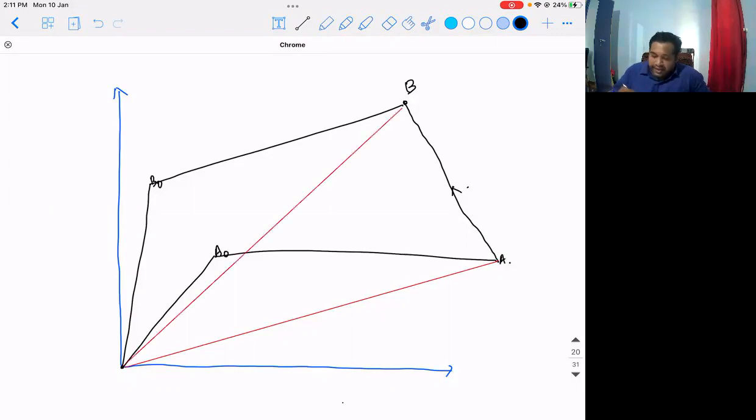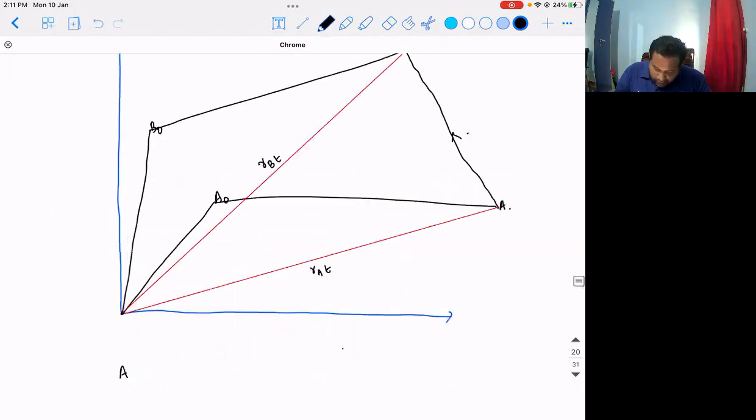So we can easily calculate it. The position vector of B after t seconds is equal to the position vector of A after t seconds plus vector AB.